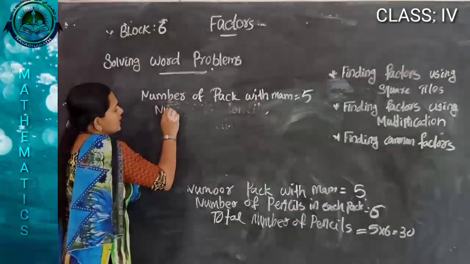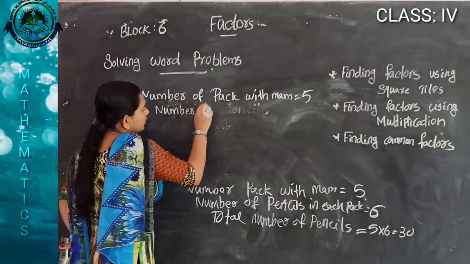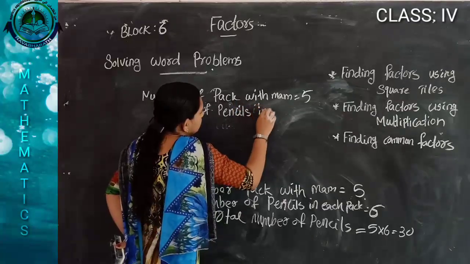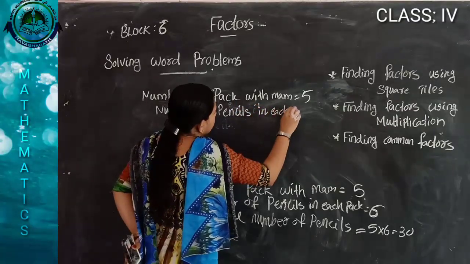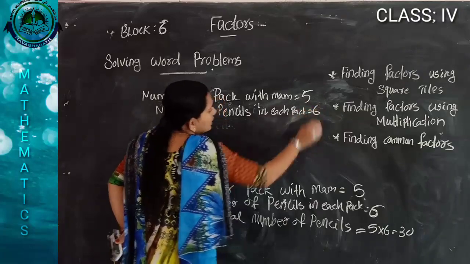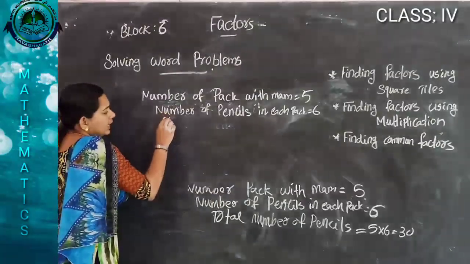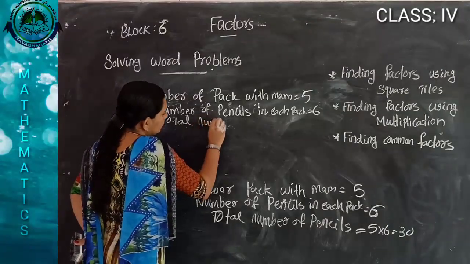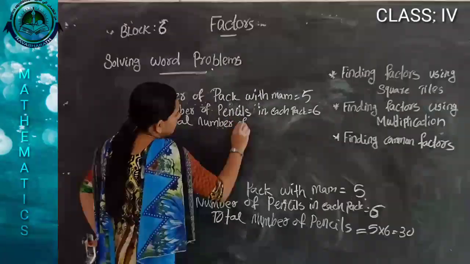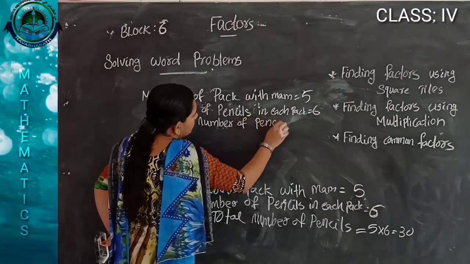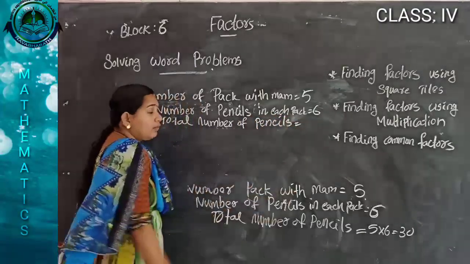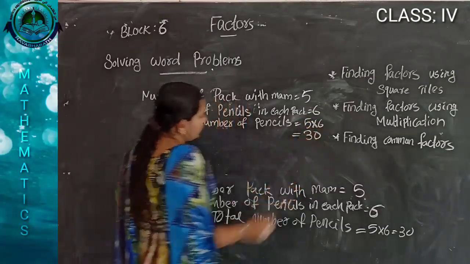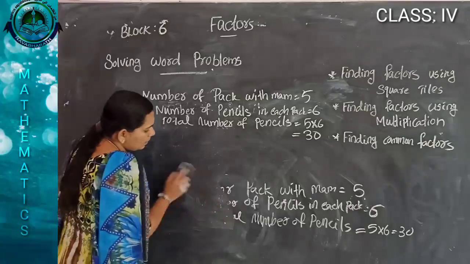Number of pencils in each pack, 6. Total number of pencils. How do you find it? 5 into 6, 30.